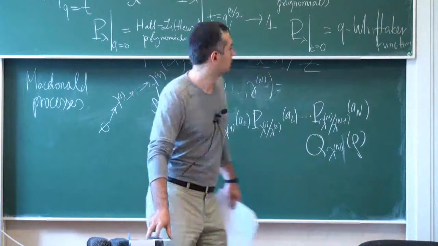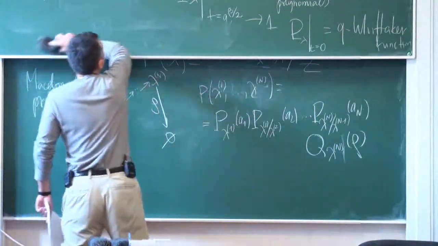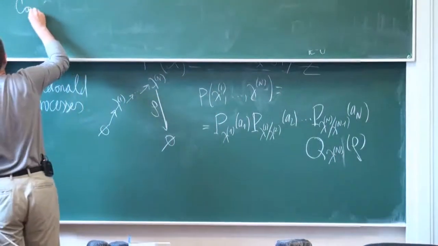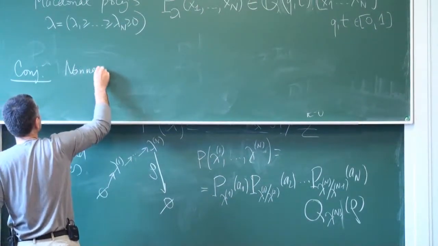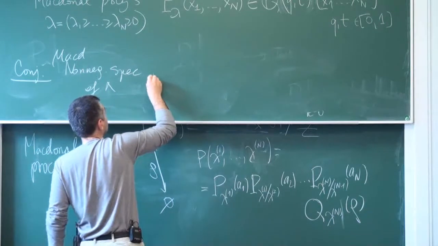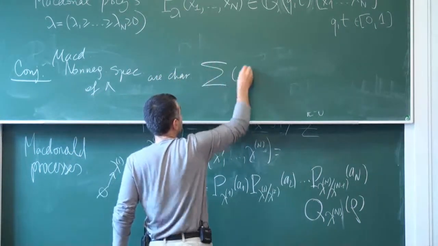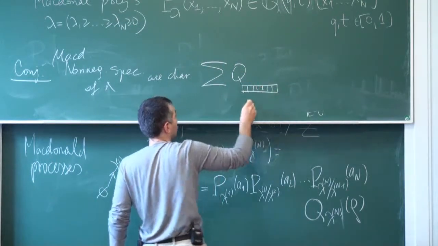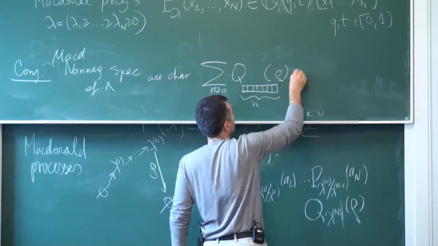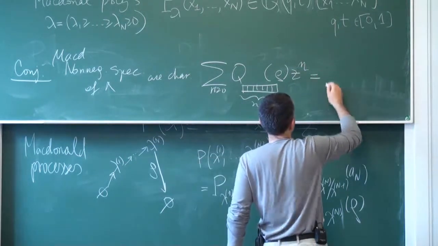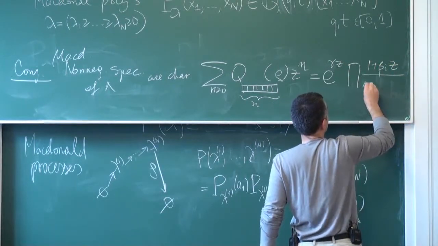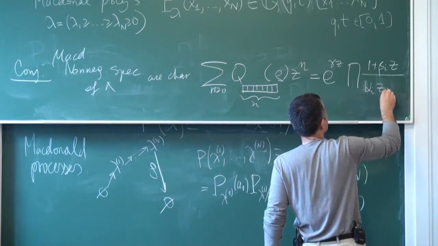There is a conjecture on that, which is that non-negative Macdonald specializations are characterized by the fact that if I take the generating function of Q's on a one-row partition, with n here, so the sum over n greater than or equal to 0, evaluated at rho times z to the power n, then this should have the form e to the power gamma z, product of 1 plus beta i z, times the product of (t alpha i z; q) infinity over (alpha i z; q) infinity.